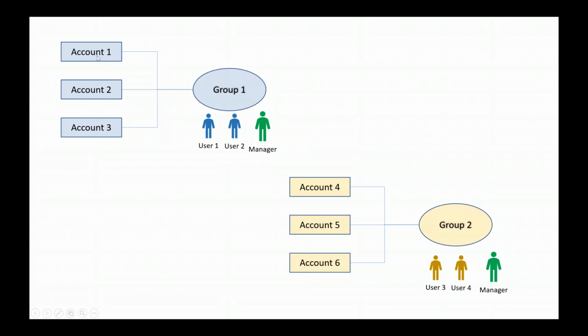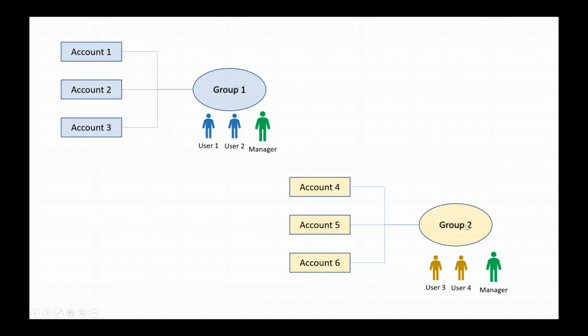We've got these 3 GL accounts that exist, and only these accountants, user 1 and user 2, are allowed to see or work with these 3 GL accounts. And so if I create a group with them, then they can see these accounts, but they can also see all the other accounts, and nobody else can see these accounts.